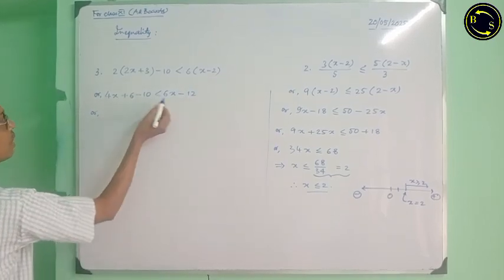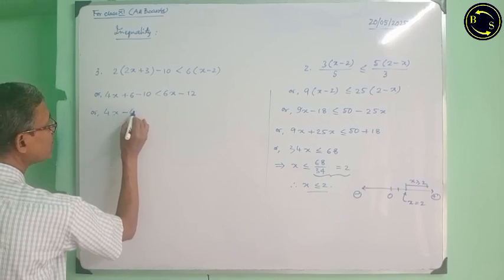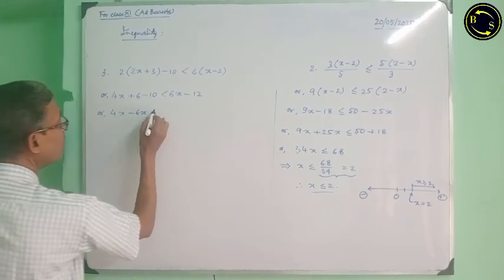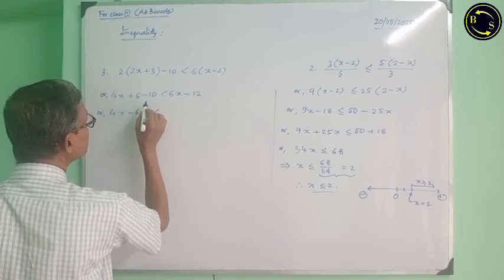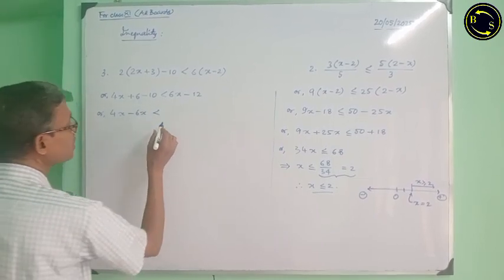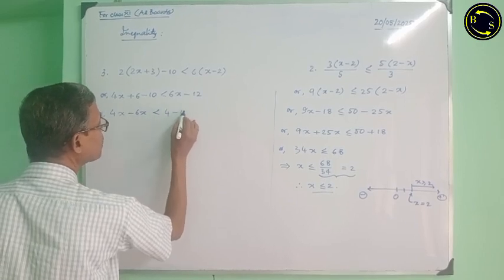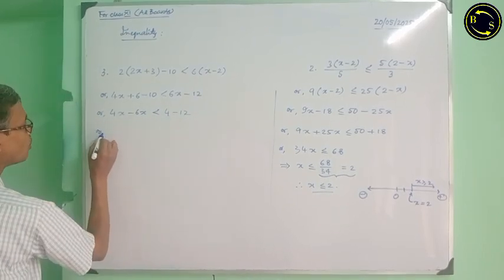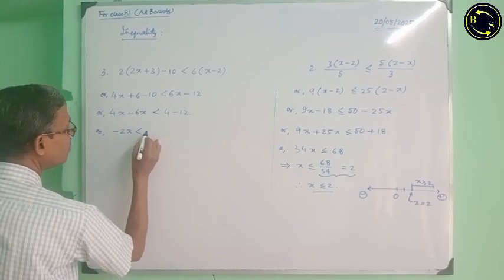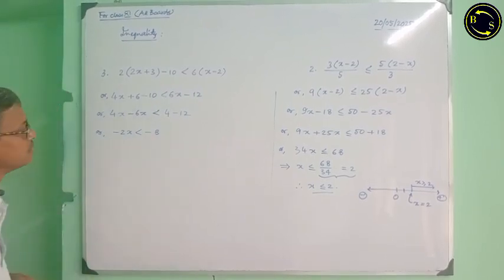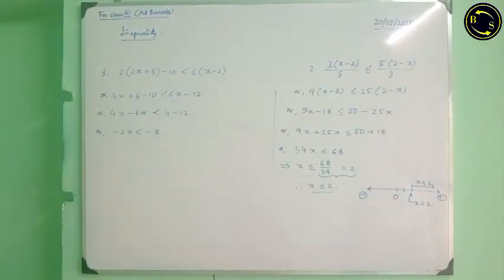Then we take the variable part on the left side, 4x minus 6x less than, 6 minus 10 means minus 4, that is transferred to the right, therefore minus 12 plus 4, or minus 2x less than minus 8. We get minus 2x less than minus 8.